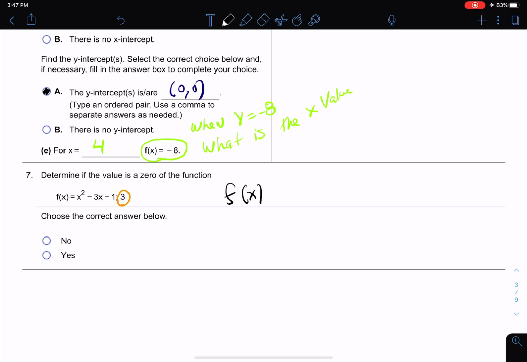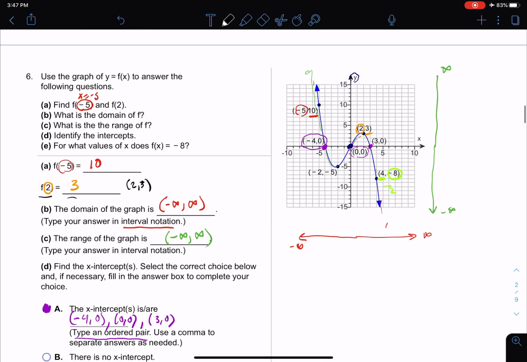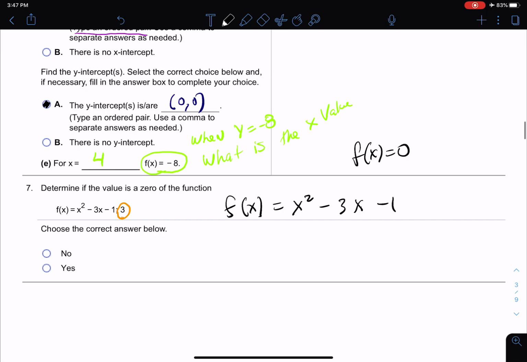F of x equals x squared minus 3 times x minus 1. Now, a 0 of the function is when f of x must equal 0, right? Because we know zeros of functions are where y is equal to 0. So we're going to replace the f of x with 0.